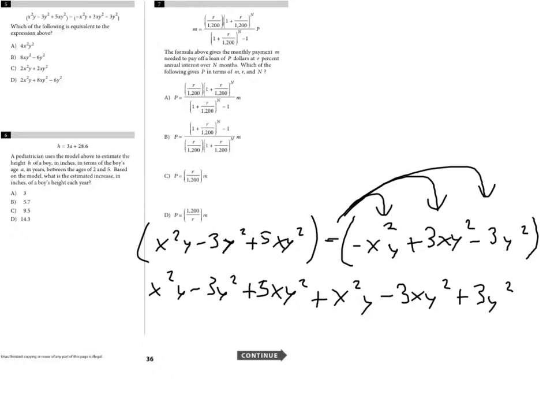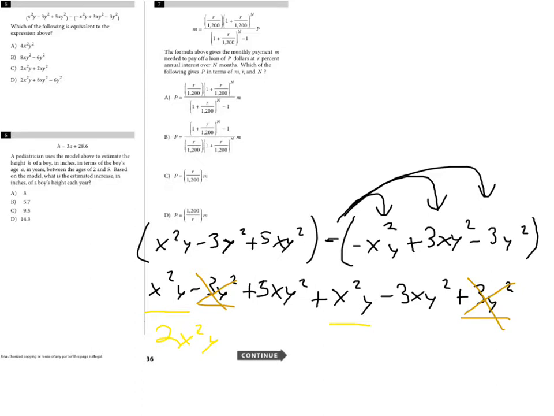So we have one x squared y here and another here. So we'll have two of them, 2x squared y. Let me switch to a different color here. Alright, we have a negative 3y squared here and a positive 3y squared here. Those would cancel. Negative 3 plus positive 3 would be just 0.